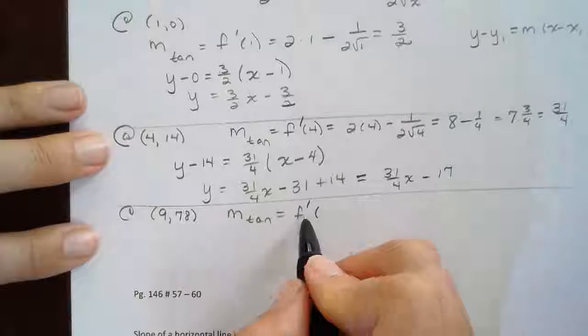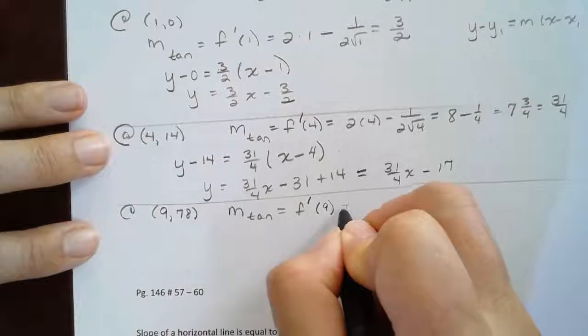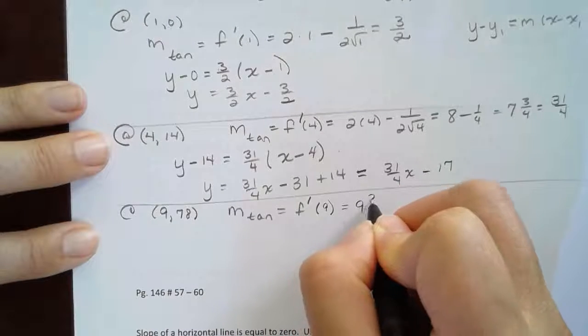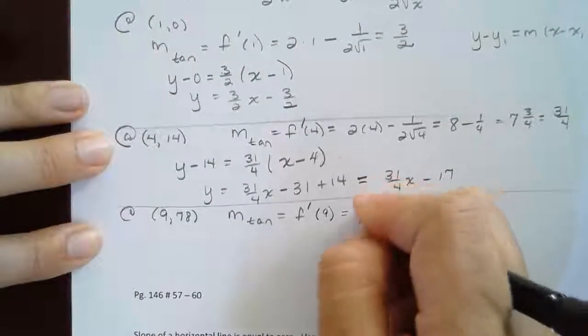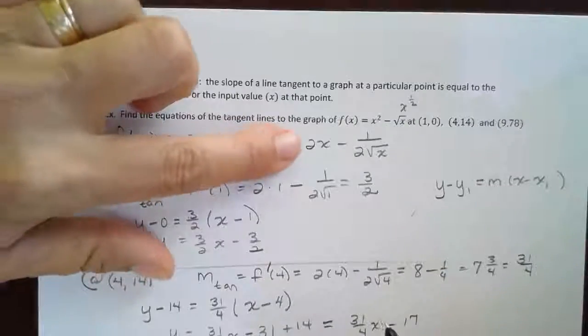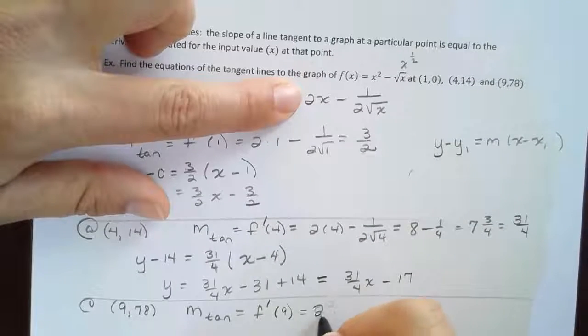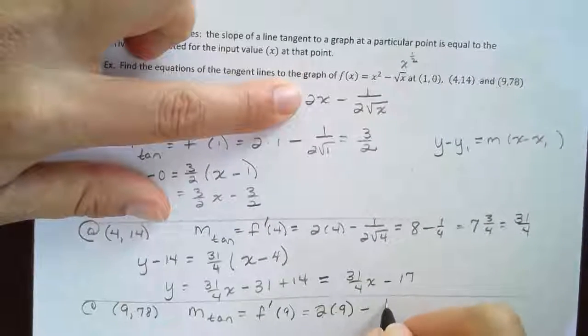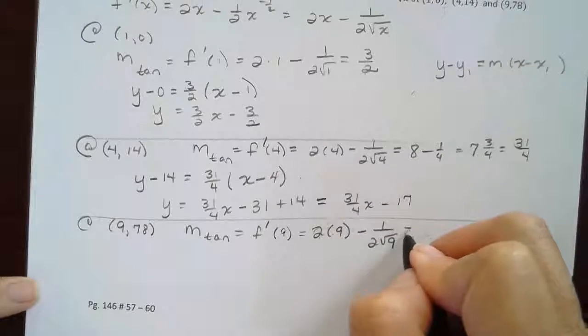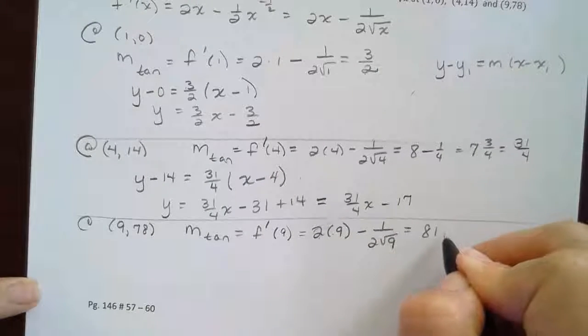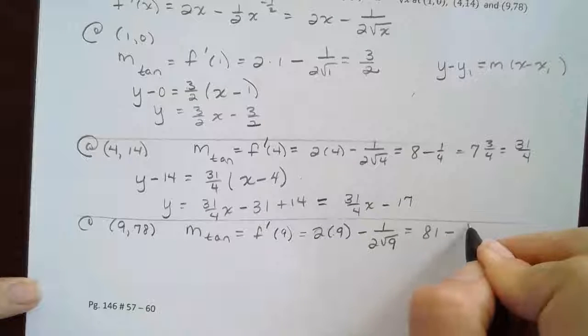So the derivative evaluated at 9 will be equal to 2 times 9 minus 1 over 2 times the square root of 9.